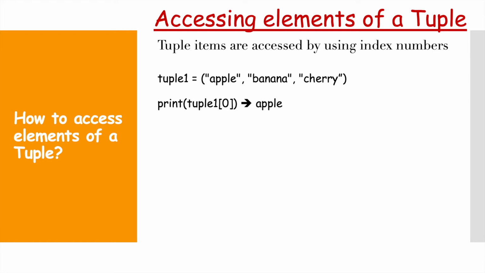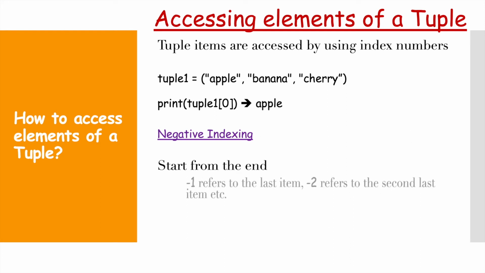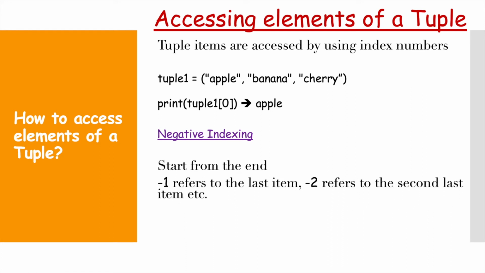In this example, the tuple has the items apple, banana, cherry, and when you give the index number as 0, it is going to print the very first element, that is apple. Now negative indexing. Negative indexing means just start counting from the end. That means -1 refers to the last element, -2 refers to the second last element, and so on.